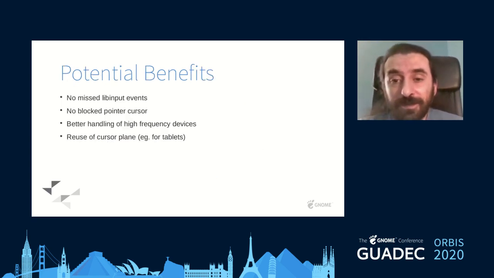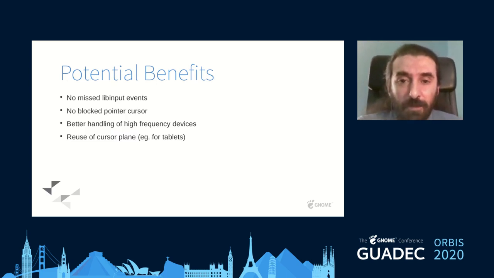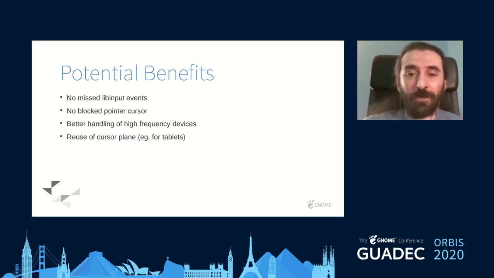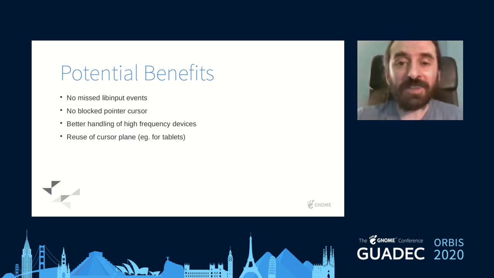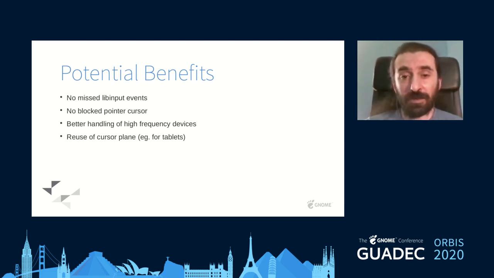Next slide, please. The potential benefits range from immediate to pie in the sky, but there are some things that are getting closer thanks to this. The most immediate benefit is that we don't miss any live input events.